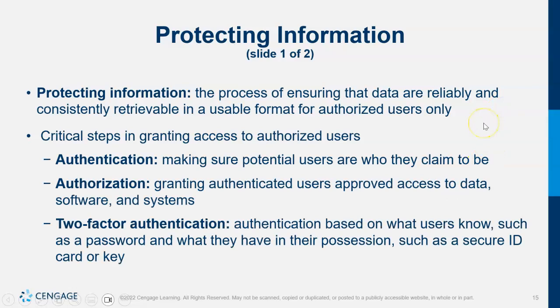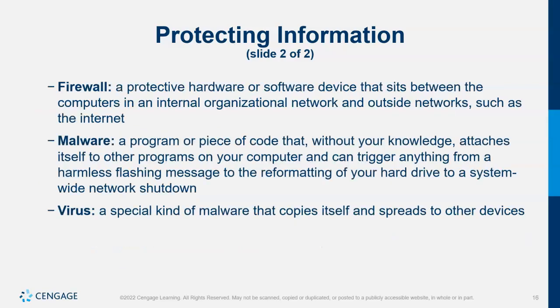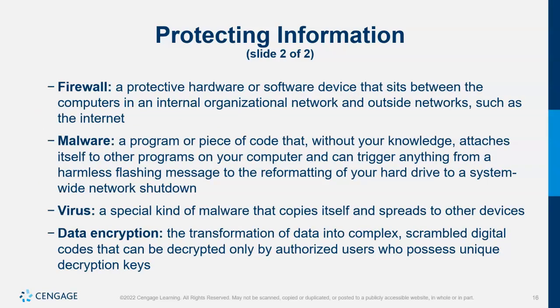All right, we also have to protect data. I think we're all aware of authentication, authorization, and two-factor authentication. We all use these every day when we log into anything within the University of Minnesota system. There are also other ways to protect information through firewalls. This is hardware or software that sits between the computers in an internal organization and outside network.